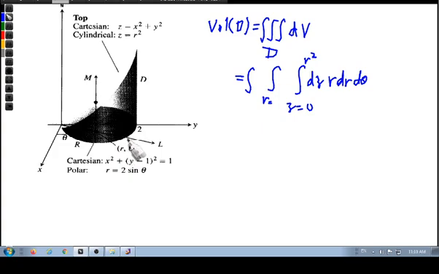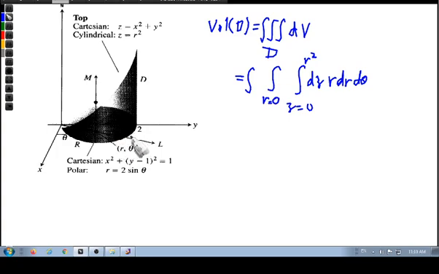It enters the region when r equals 0. Here the region means the shadow region.